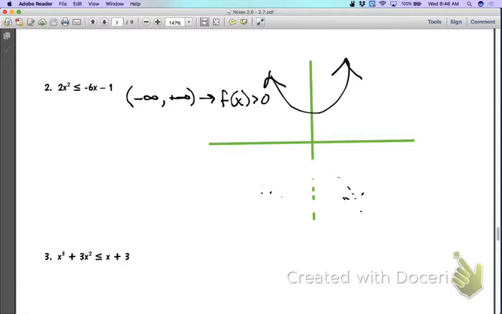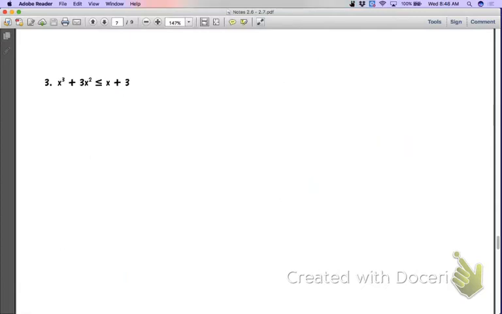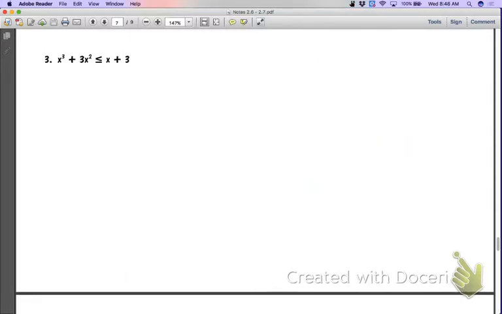So let's go to the cubic in this last one. If I have x to the third plus 3x squared is less than or equal to x plus 3, let's get everything to one side: minus x and minus 3, and it's less than or equal to 0.